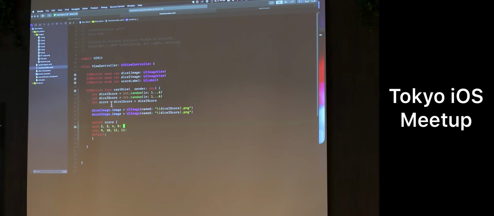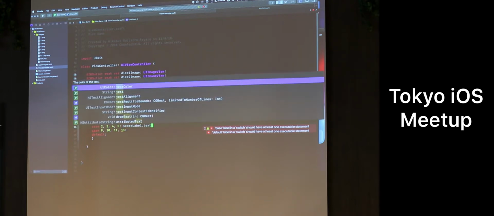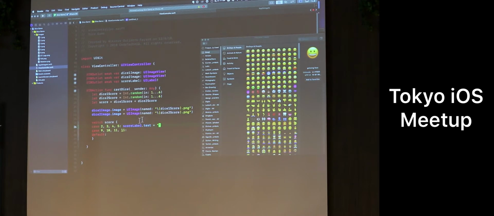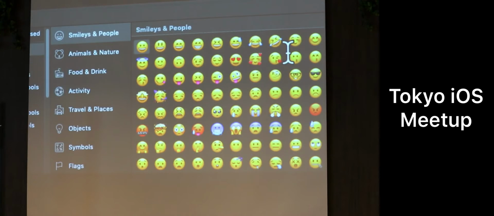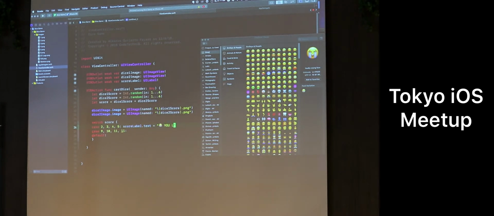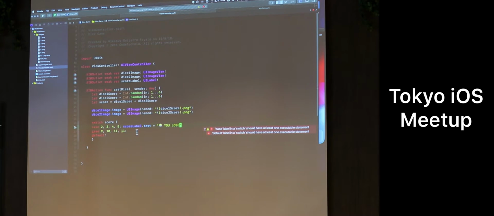So I'm going to show in the score label what the result is by using its text property. And so if you lose, I'm going to insert this little Unicode character here. This is a sad guy crying. Where is it? Here. You lose. Okay, and if you win, well, this has to be 12.